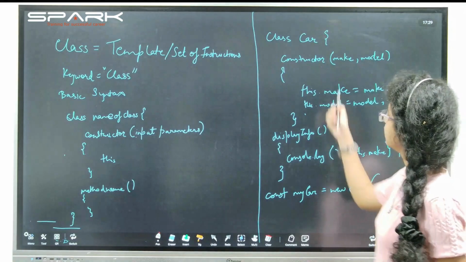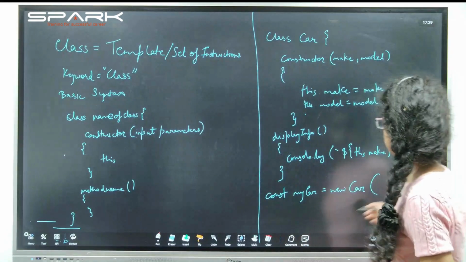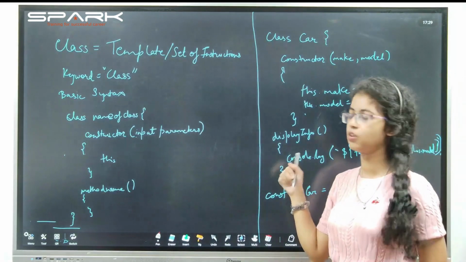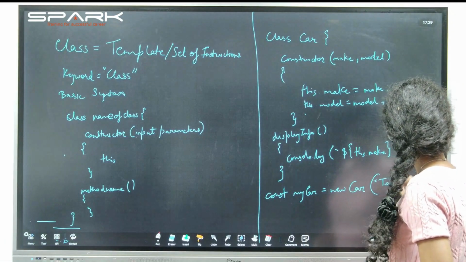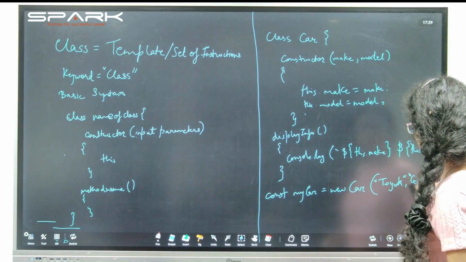Inside it we write the parameters make and model that we already declared. For example, for the make or brand I'm going to use Toyota, and for the car name I'm going to use Corolla.